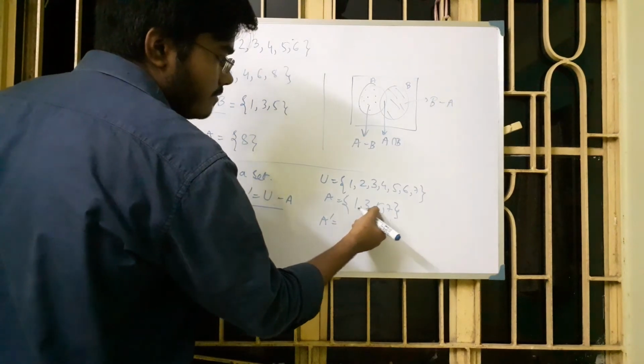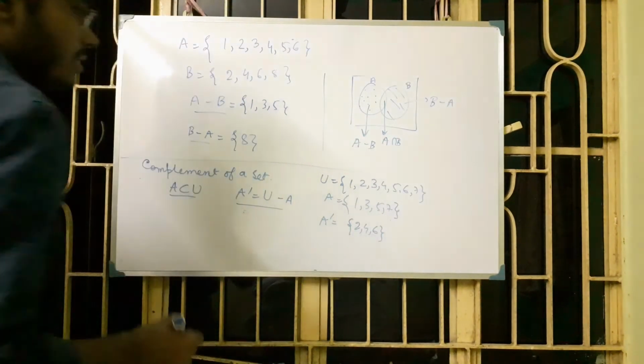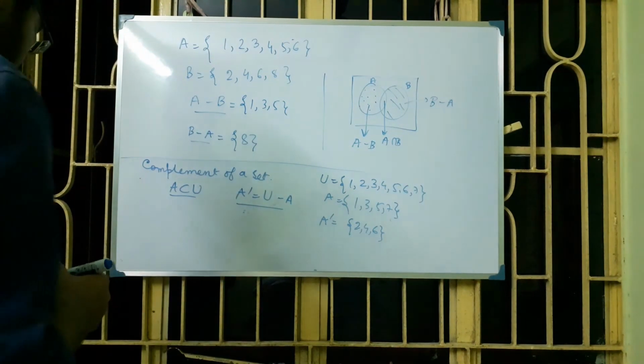Just remove 1, 3, 5, 7 and the remaining is 2, 4, 6. Okay, this is the complement.